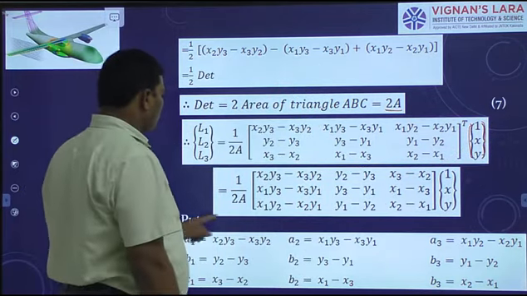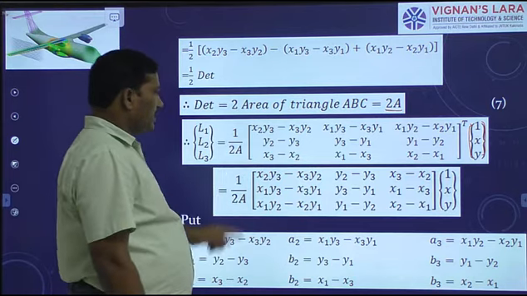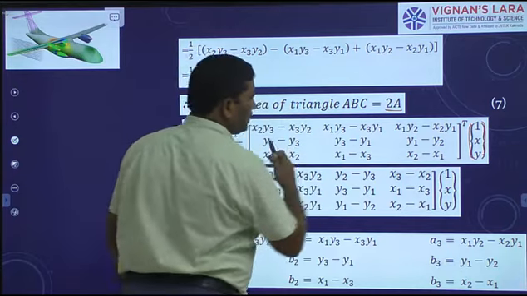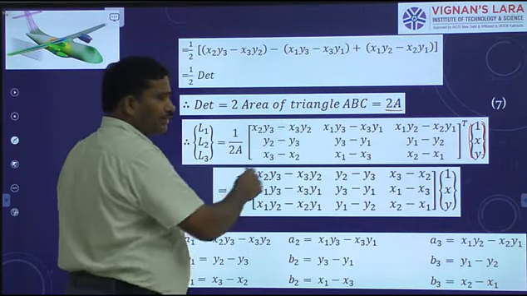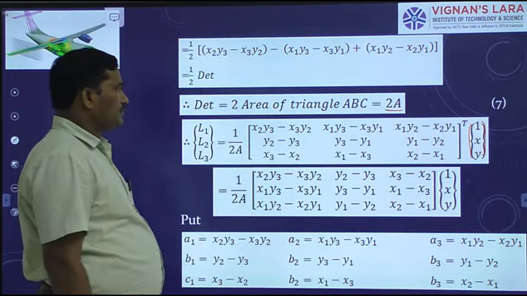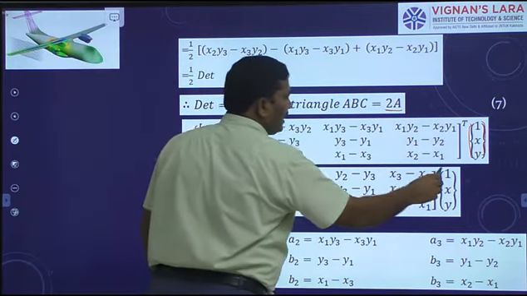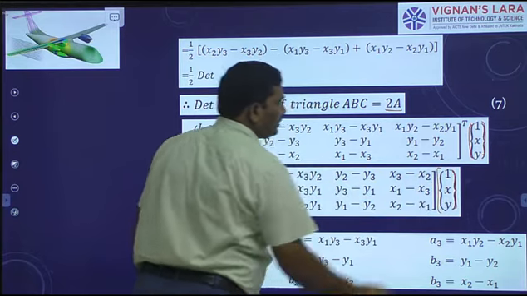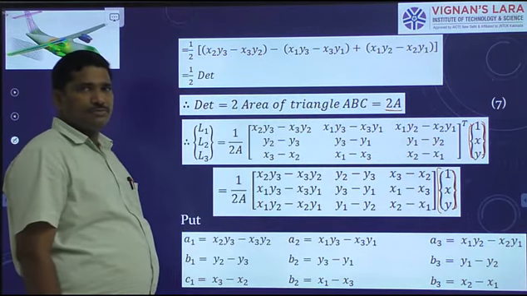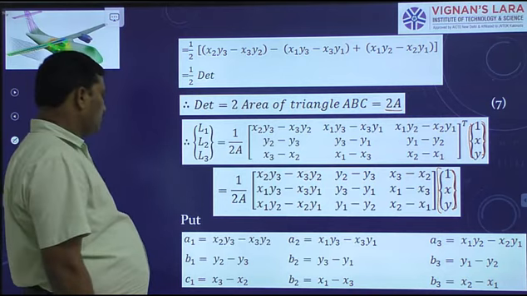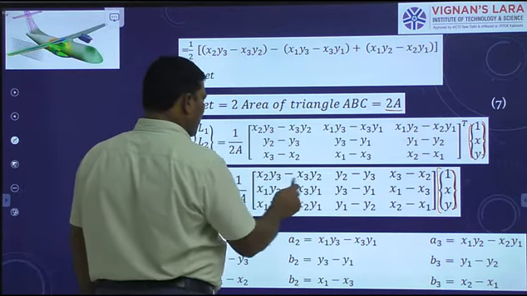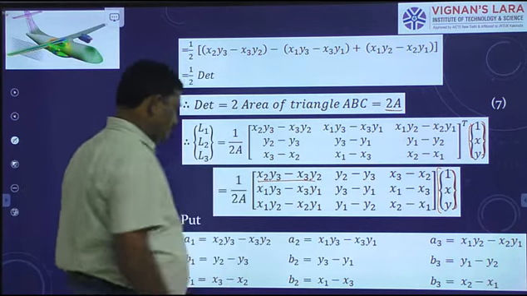Now this equals 1 by 2A into the transpose of this, which you get like this, into a column matrix having the elements 1, X and Y. Now what I do is, I have here x2, y3 minus x3, y2.